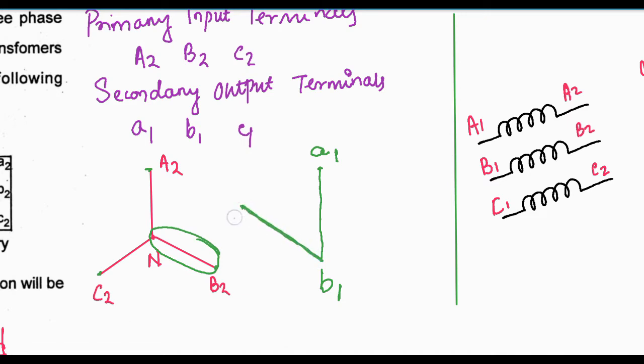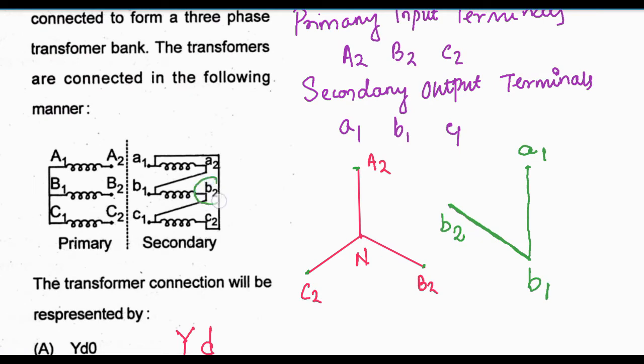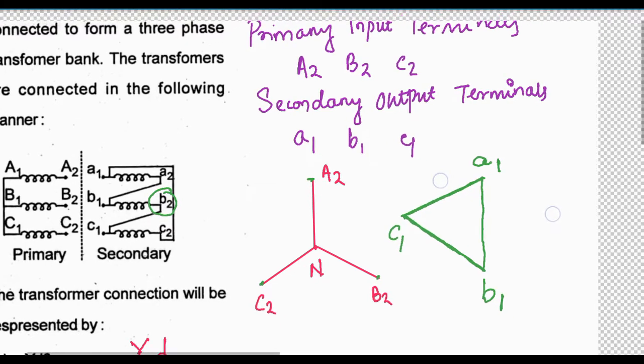This will be B1 and this will be B2, and then B2 is connected to C1. So I can write here C1 instead of B2. As C1 is the terminal, I can complete the circuit by parallelly connecting this, and C will be parallel to the primary like this. So this is the secondary circuit.